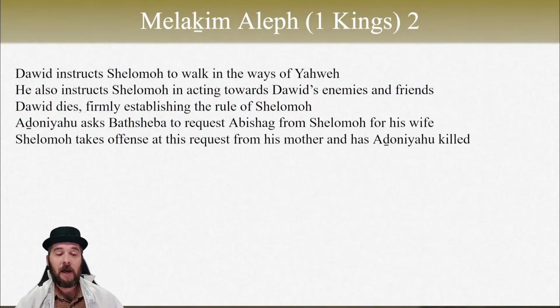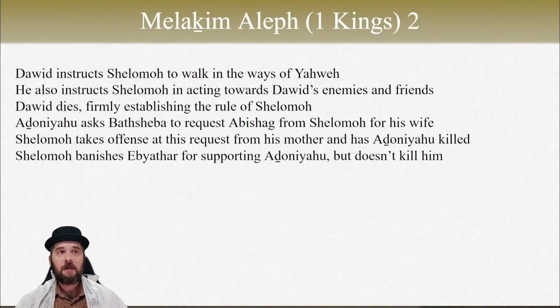And that by Adoniyahu asking for Abishag to be his wife, it's almost like another attempt at the throne. And this is kind of how Shlomo responds to Bathsheba. It's like, why don't you just ask me for the throne too? It's almost like Adoniyahu was trying to usurp the throne again by asking for what could have been considered one of King David's concubines. So King Shlomo takes great offense at this and has Adoniyahu killed.